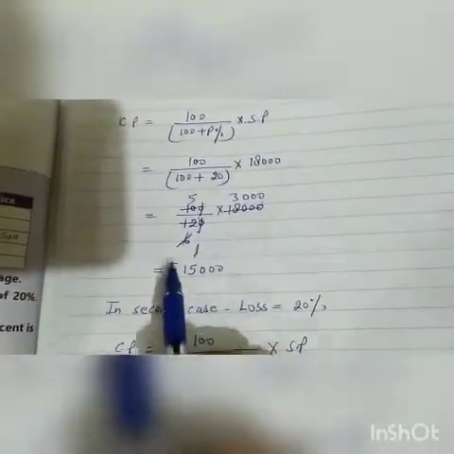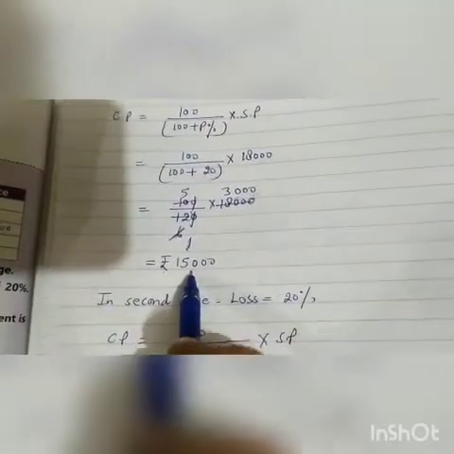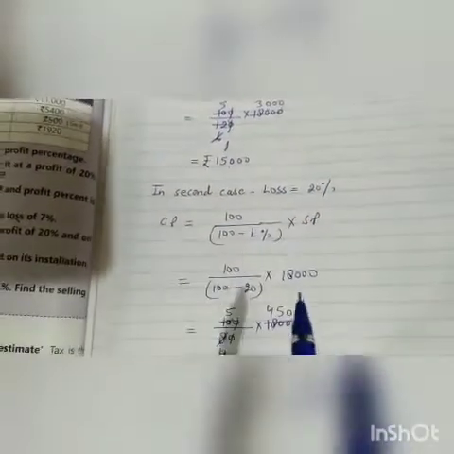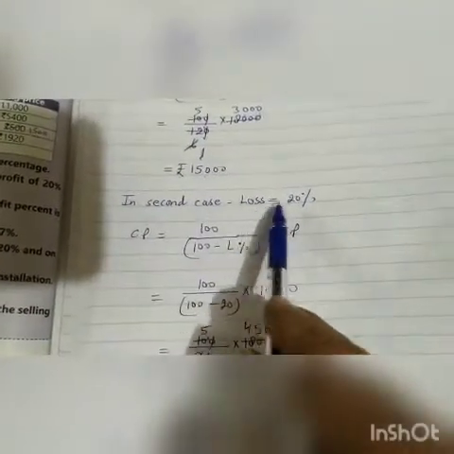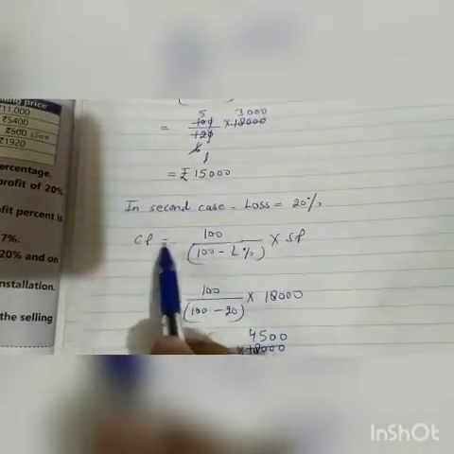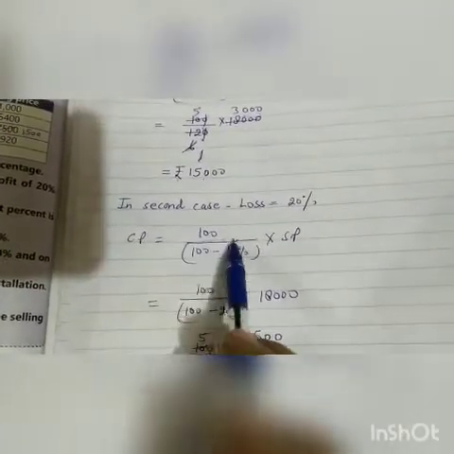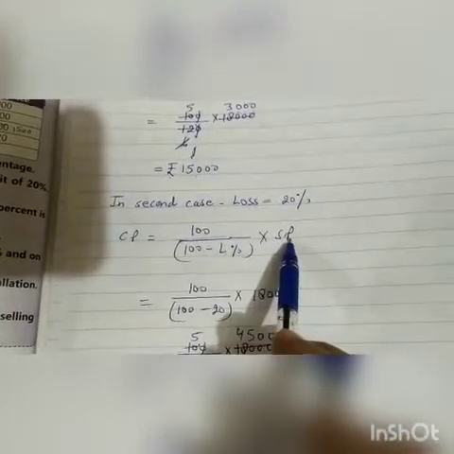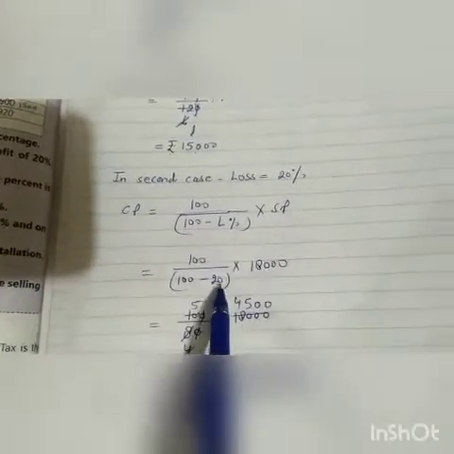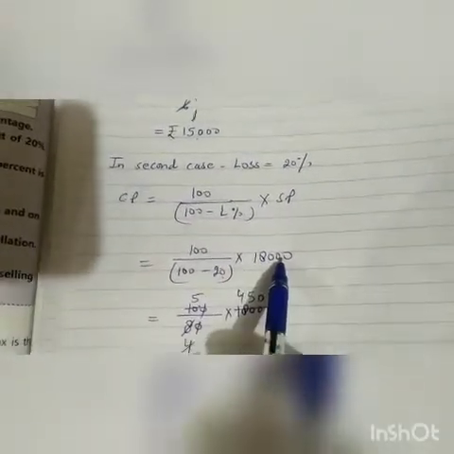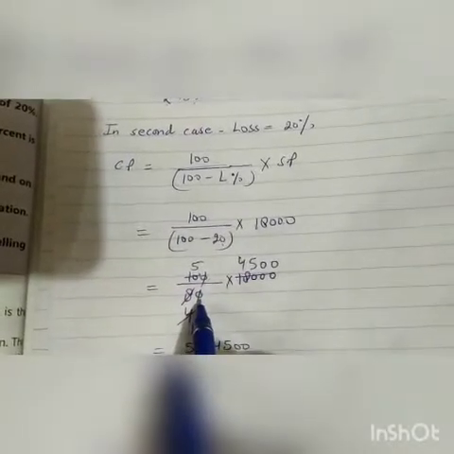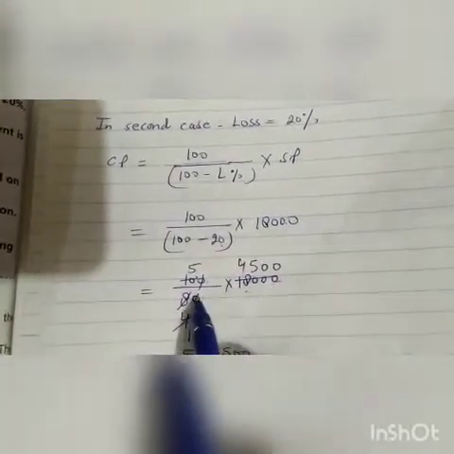So the cost price of the first horse is 15,000. Now come to the second case. In the second case there is a loss of 20%. Cost price is equal to 100 upon 100 minus loss percent into SP. 100 upon 100 minus 20 into 18,000. 100 upon 80 into 18,000. 0 0 cancel.